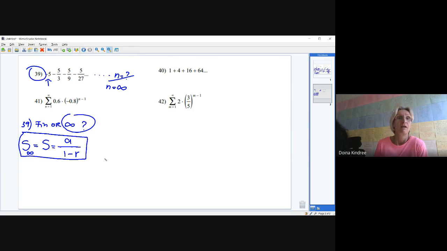Now, all right, let's calculate a few. So for 39, we go back to 39, yeah? What am I calculating? S, I'm writing the fraction line. The first term is over 1 minus, what is the ratio here? The best is to calculate it by doing r equals a2 over a1.